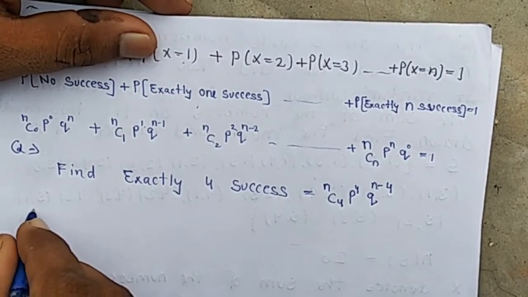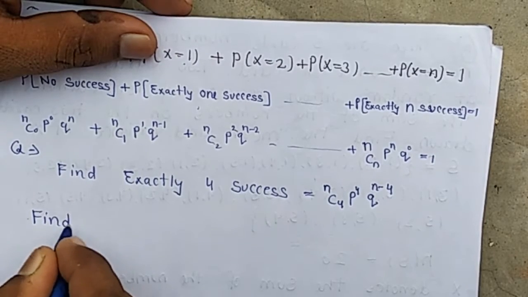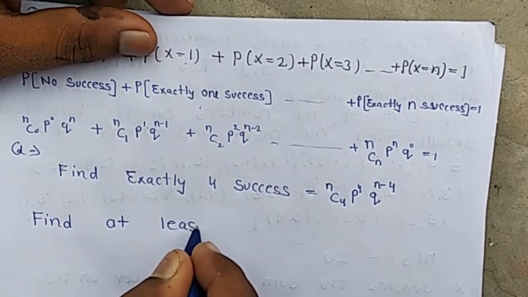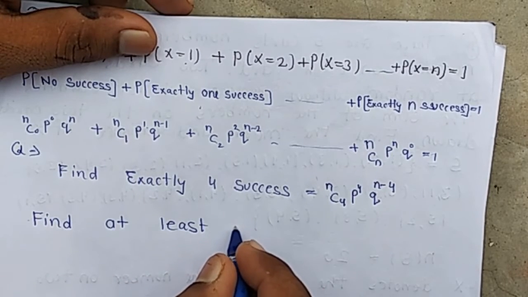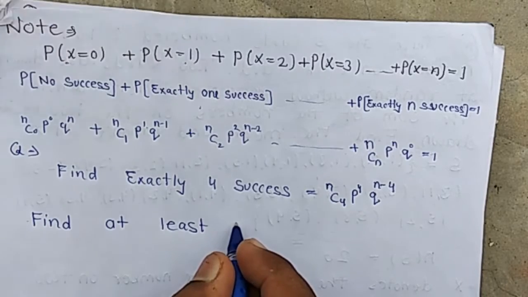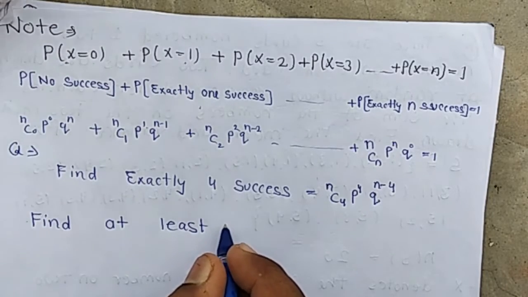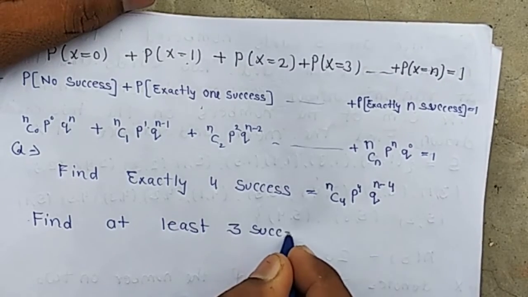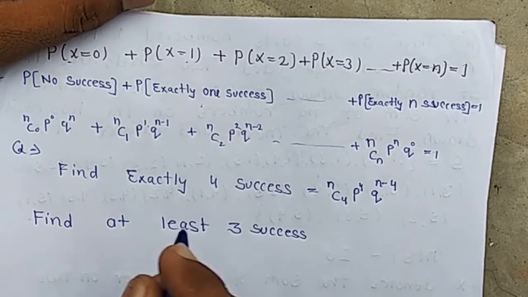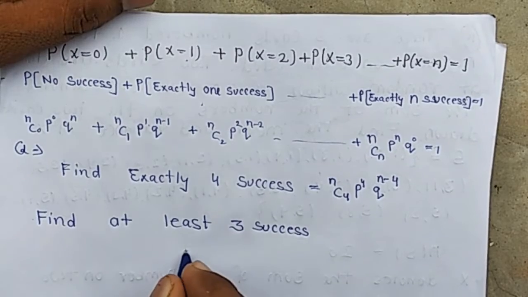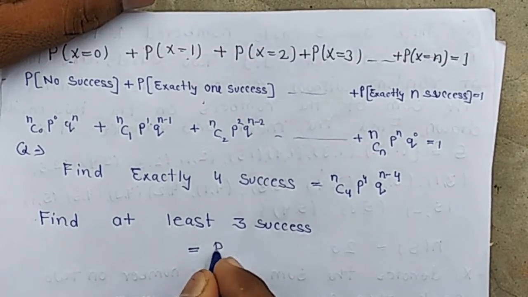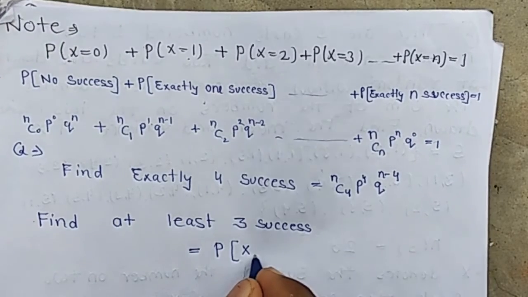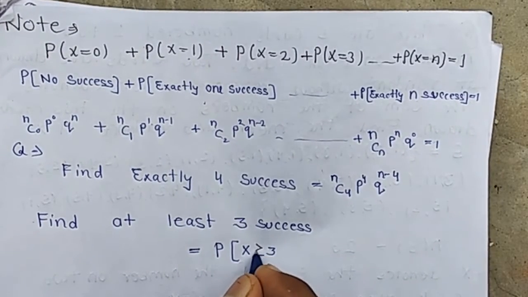If we have to find at least three success, the sign of at least three success means x equal 3 or greater than 3.